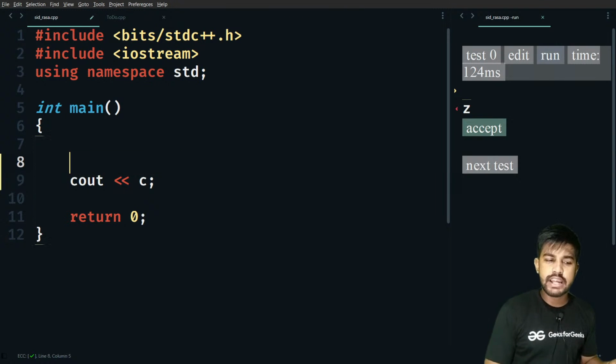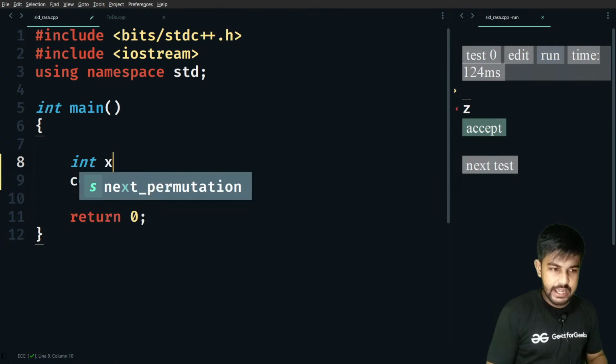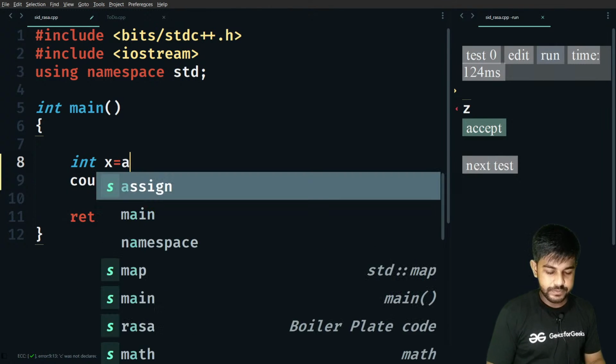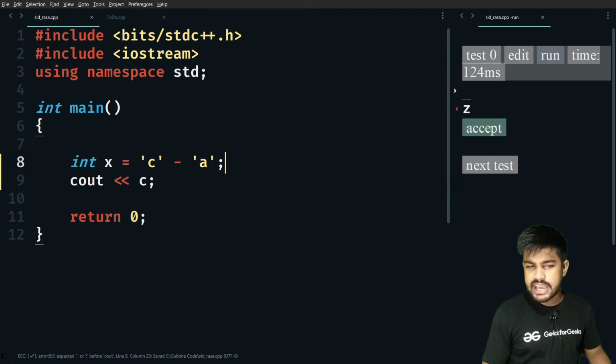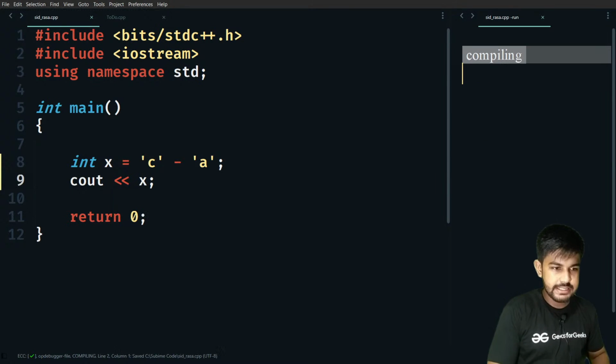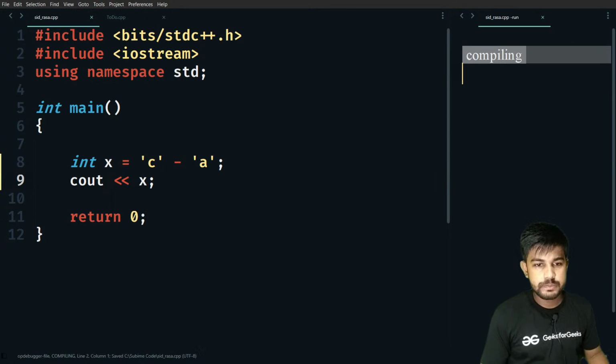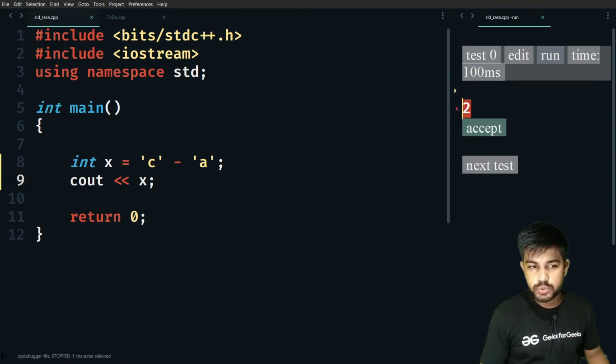Now the next thing we can do is int x is equals to character 'c' minus character 'a'. This can be done, and if we output x, see, the value is 2.